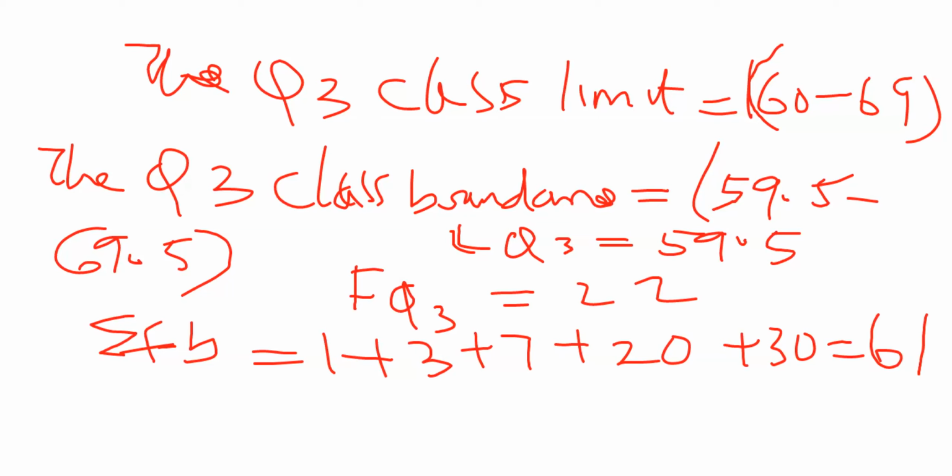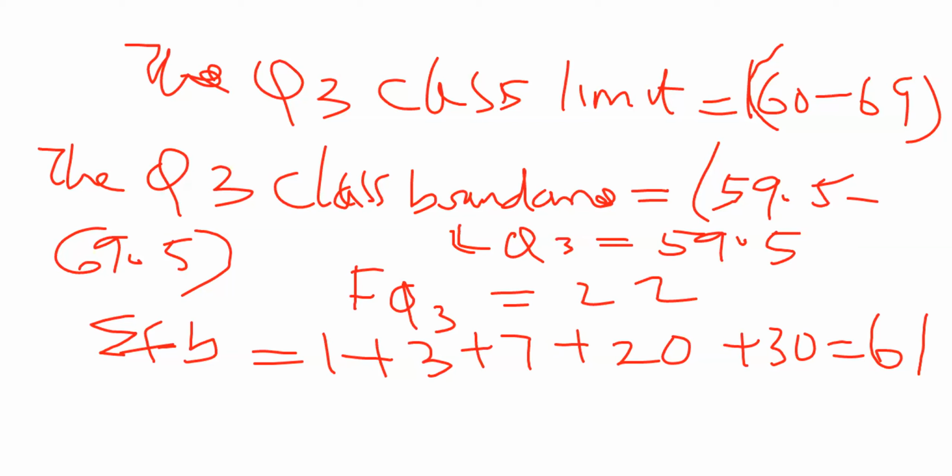Frequency of quantile 3 is 22. The frequencies before 22 are 1 plus 3 plus 7 plus 20 plus 30, and that is 61.